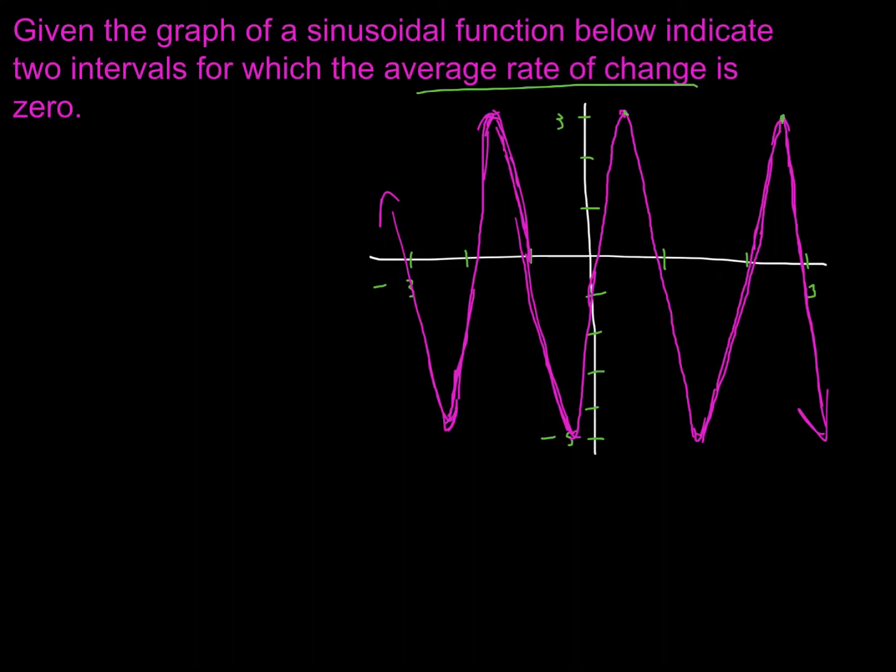If this is my first point, and let's say this is the point that occurs at 1/2, and this is the point that occurs at 2 and 1/2, well, here I'm at the value 3. When I get to 2.5, then all of a sudden I'm again at the value 3. So the average rate of change between these 2 points is going to be 0.